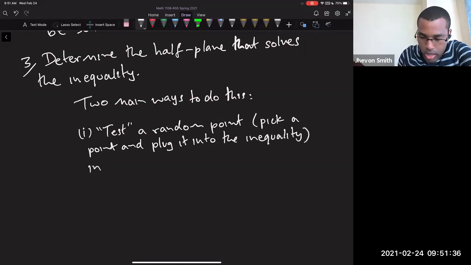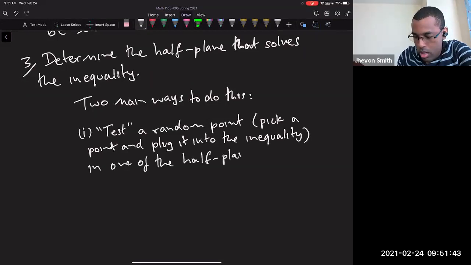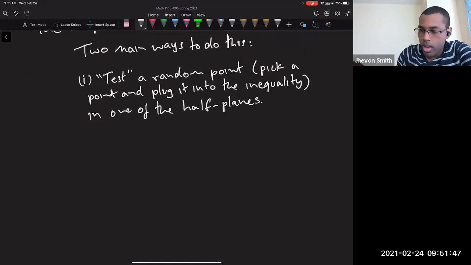Test a random point in one of the half planes. Right?